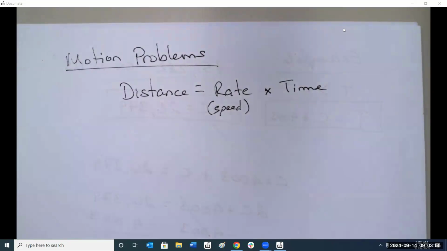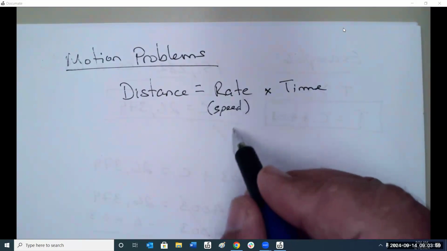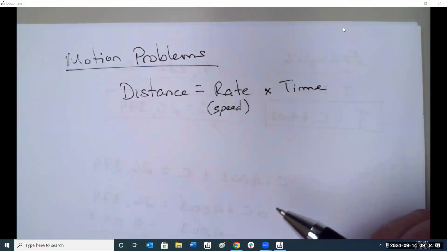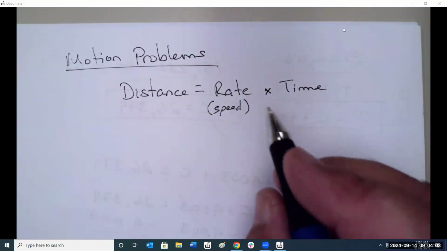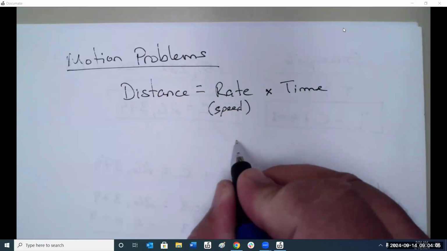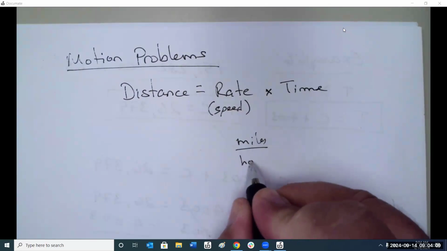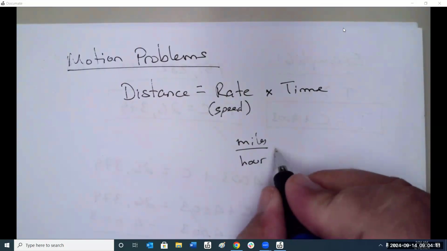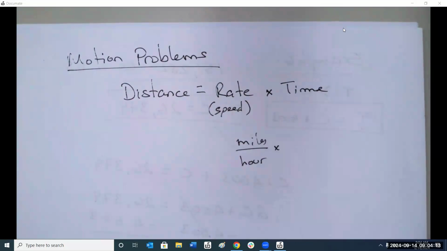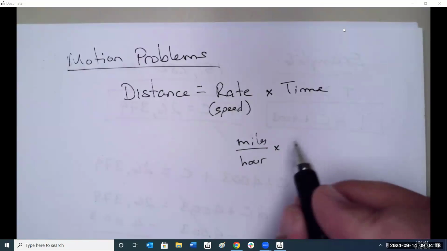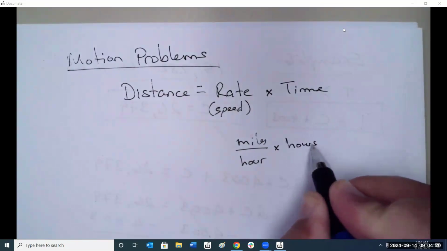When we deal with word problems, we also deal with units. What is the unit of speed? Well, typically miles per hour. So in that case, what unit is time? In this case, it's got to be hours.